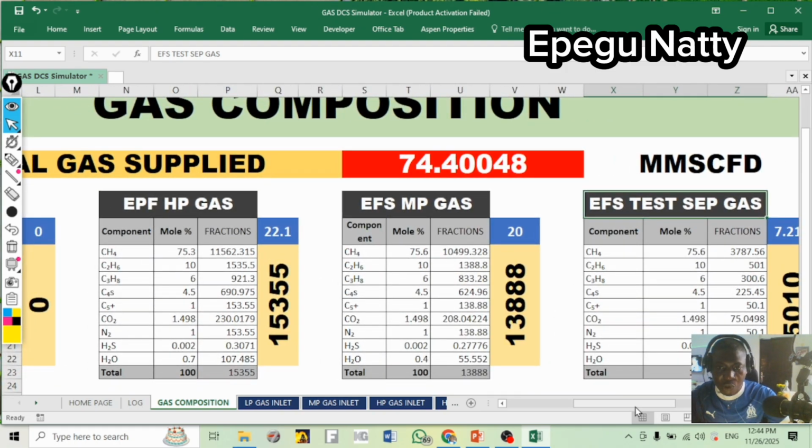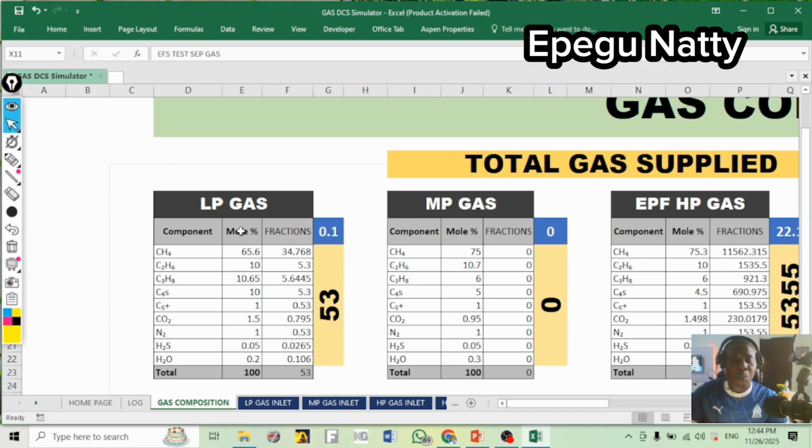Now looking at the composition, you find out that my LP gas has a methane composition of about 65 mole percent, right? So is this a lean gas or a rich gas? I think you get it correctly. It's a rich gas, right? Because as you can see, the percentage is less than 75%.